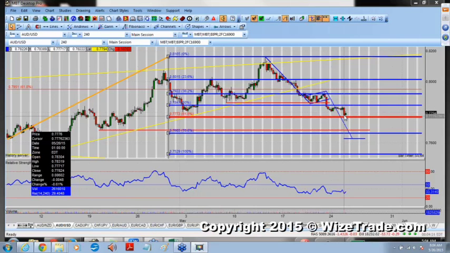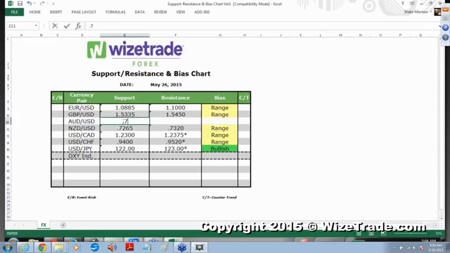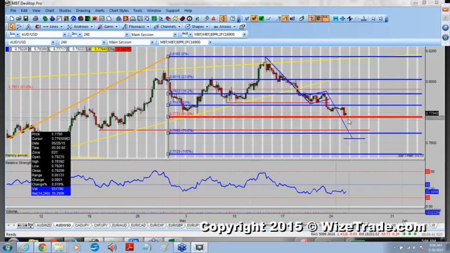Low here was 77.71. If we think about how many people are getting long right now in the Aussie, with stops below 77.70, okay, so that's going to be pretty key support for today. A break below 0.7770 is just going to trip some stops, because you think about how many people are trying to buy it down here, right?